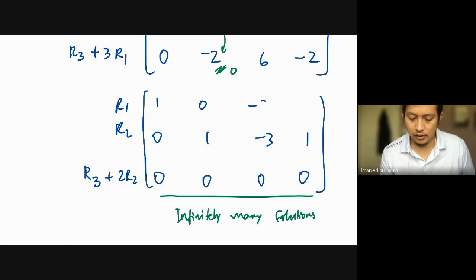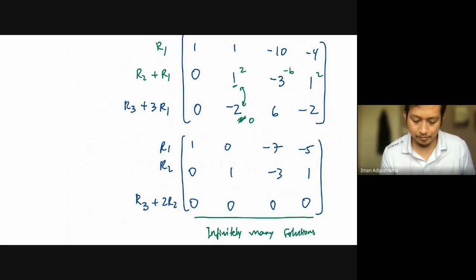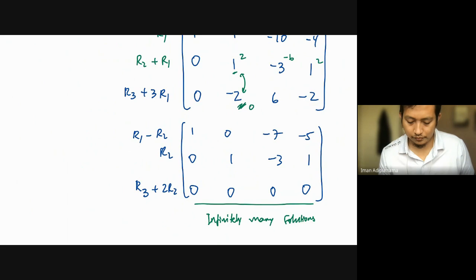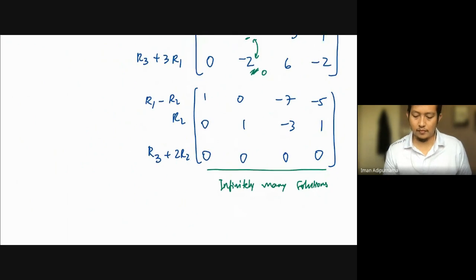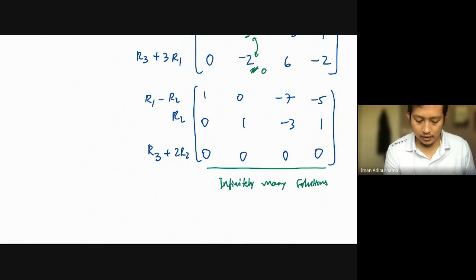Let me remind that this results from R1 minus R2. And if you look here, that is x minus 7z is equal to negative 5. And we have y minus 3z is equal to 1.